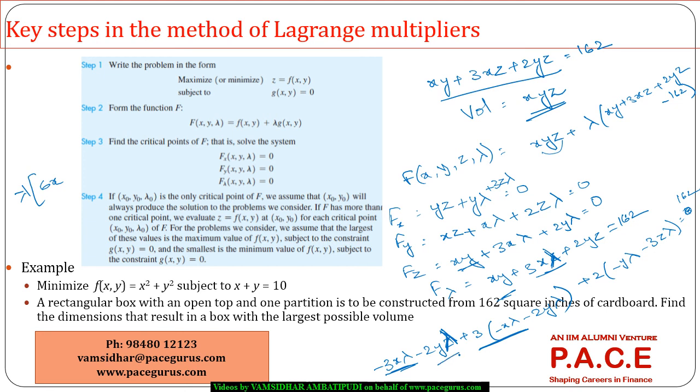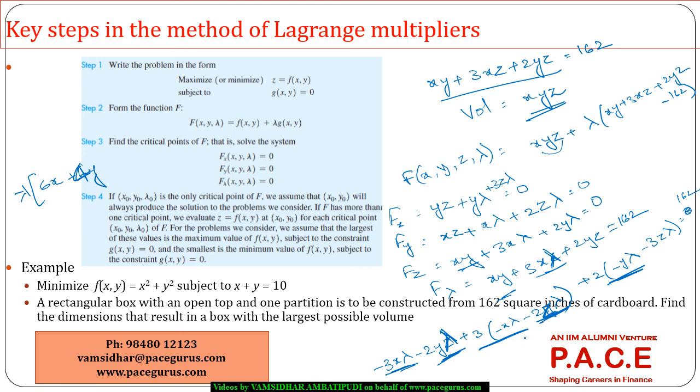So I have 6x, and again there is plus 6y... minus 2y lambda minus 2y lambda, so it is 4y.